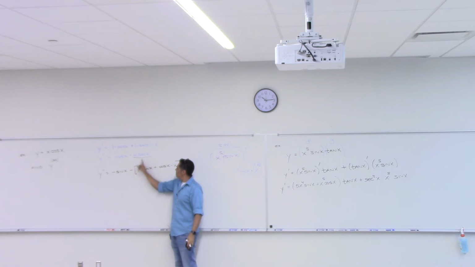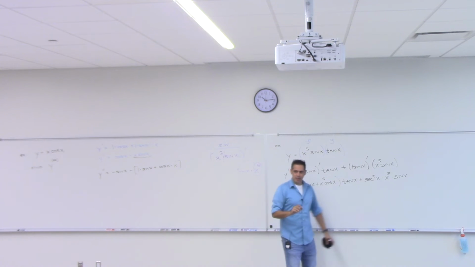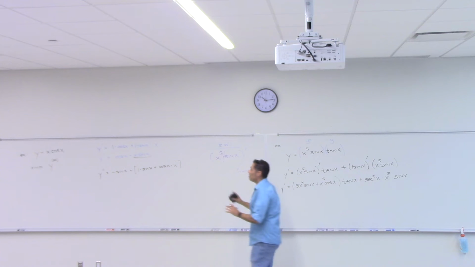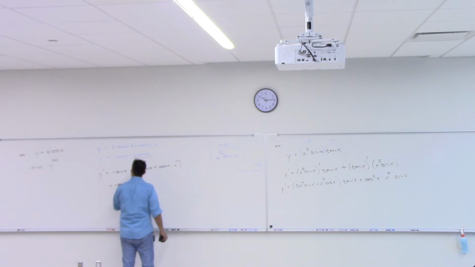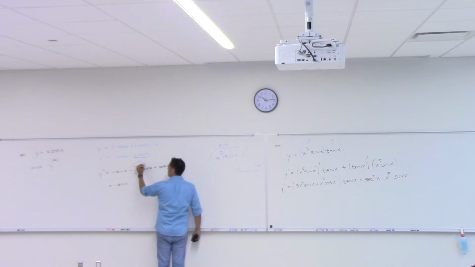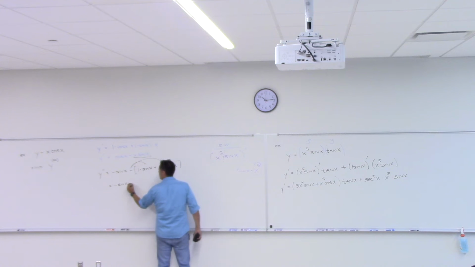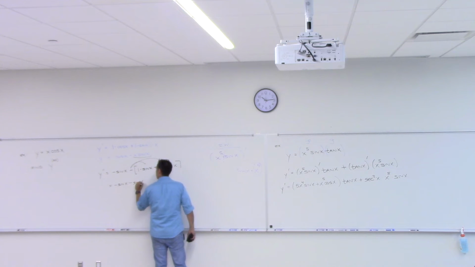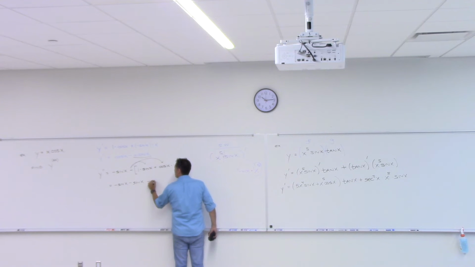Derivative of this times this plus derivative of this times that. Yes? All right, let's clean this up. This is negative sine x. Let's distribute this negative through. Isn't this also negative sine x? And then pass through again, minus x cosine x.